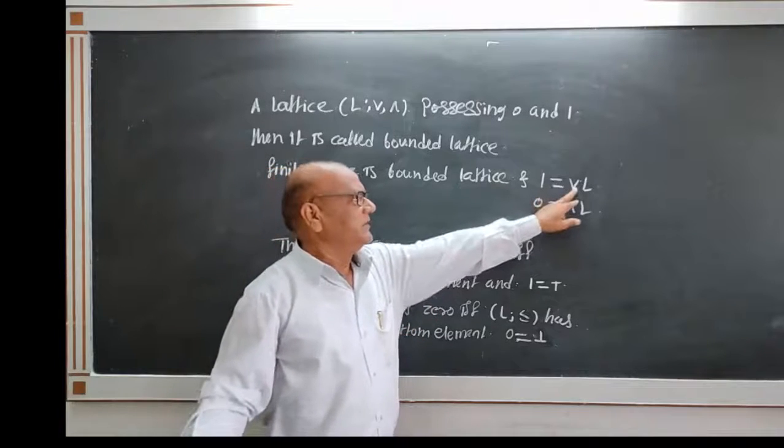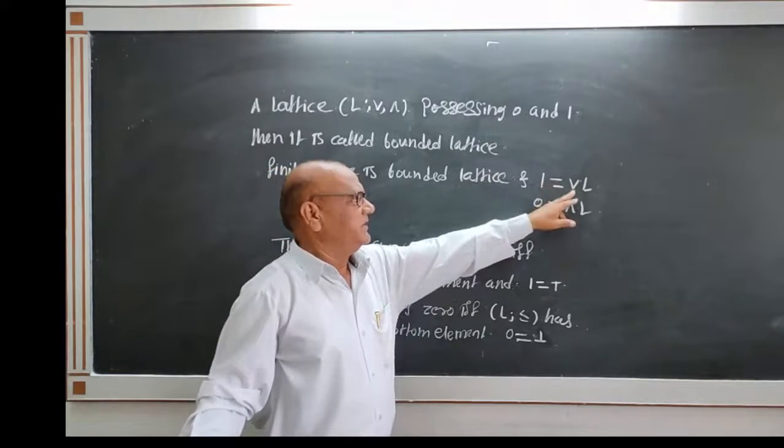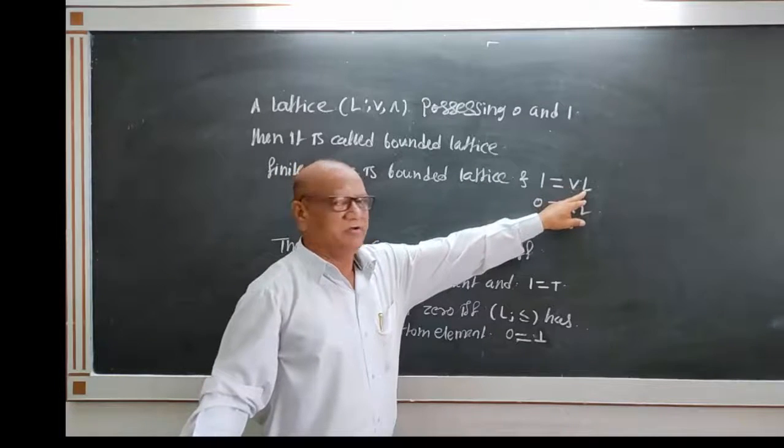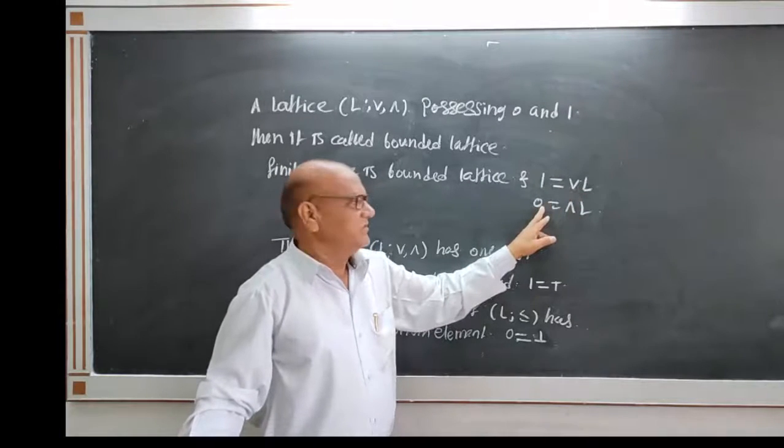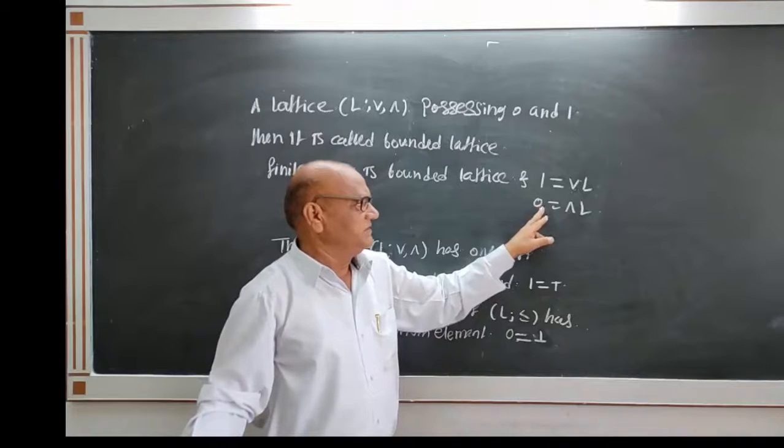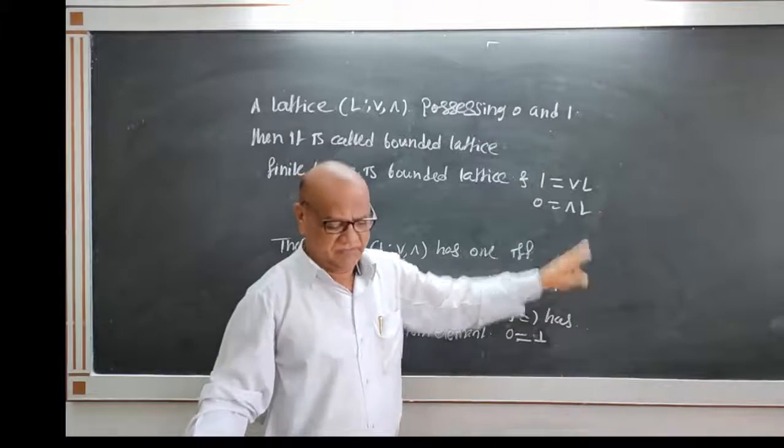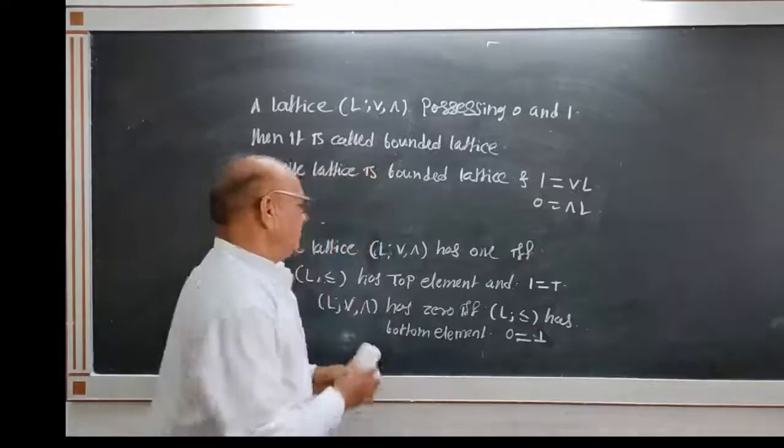L is finite, then 1 exists and 1 is equal to join of L. 0 exists and 0 is equal to meet of L, and it is a bounded lattice.